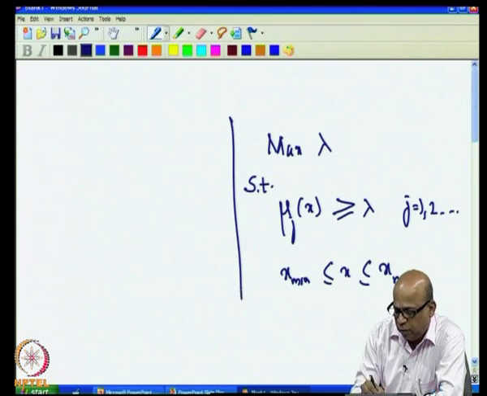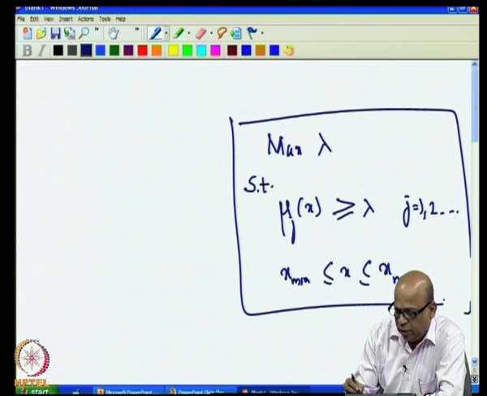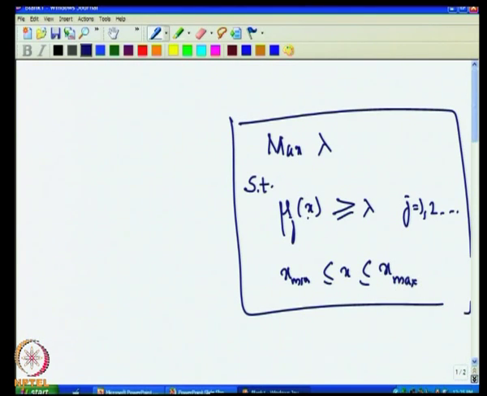So, this is a general formulation where we are defining the membership function associated with the solution x, and this particular set of constraints defines lambda as the minimum among all the membership functions, and that minimum value we are maximizing. So, your solution x will be such that it maximizes the minimum value of lambda, and lambda is interpreted as the satisfaction level in the system.